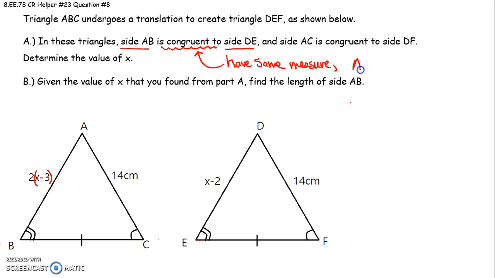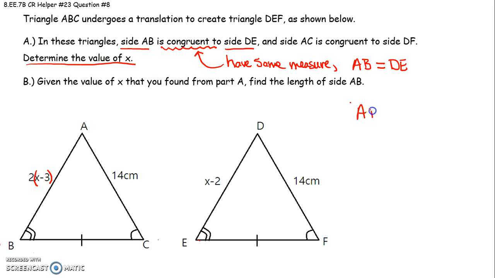So the measure of side AB is actually equal to the measure of side DE. So AB, this side, has the same measure as DE, this side. AC is congruent to DF. Sure, they're both 14 centimeters. Determine the value of X.